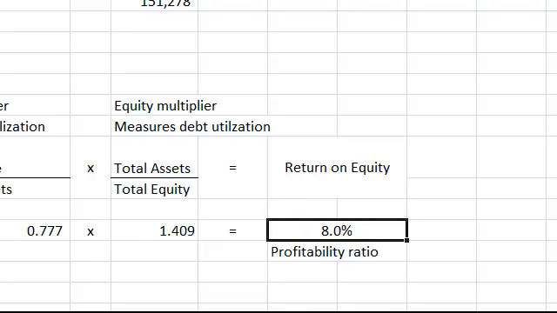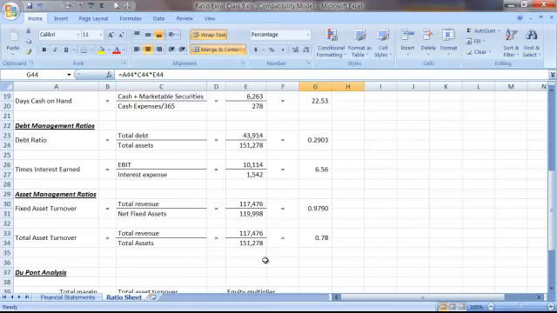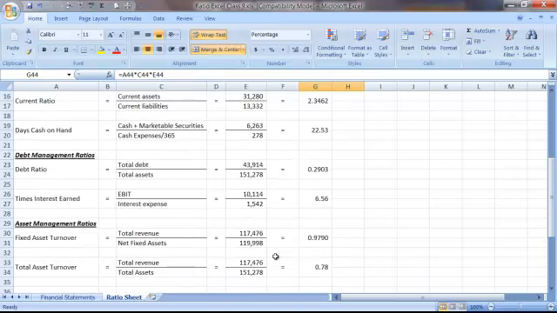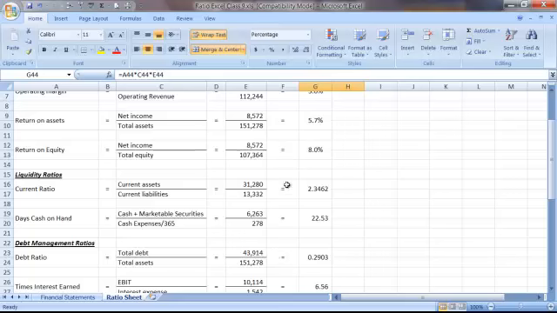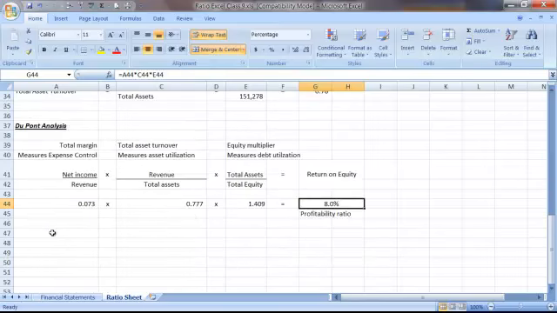It's this times this times this equals our 8%, which is equivalent to the ratio right here, our return on equity, our net income over total equity. So you can see why it's a great ratio and a good tool, because you can really drill down into understanding what is driving your organization in a very simple, easy way. Once you've calculated it, you can understand the different pieces, and you can compare this right away to other organizations or industry standards.